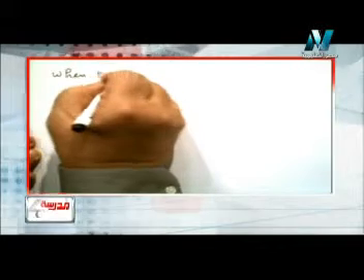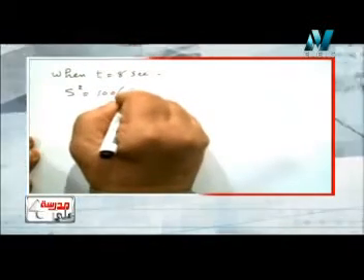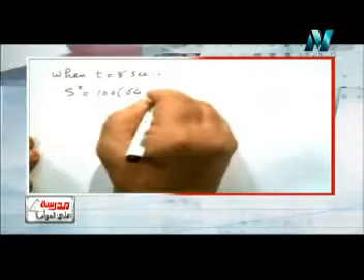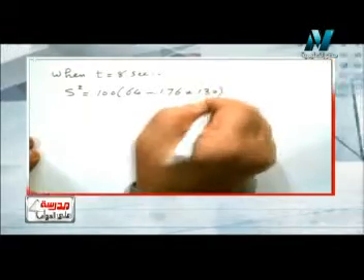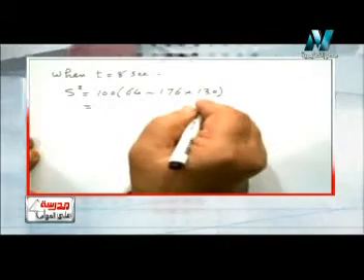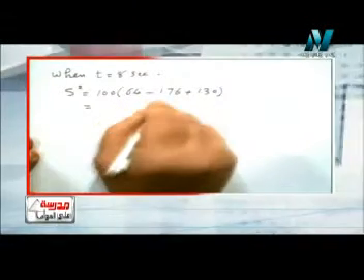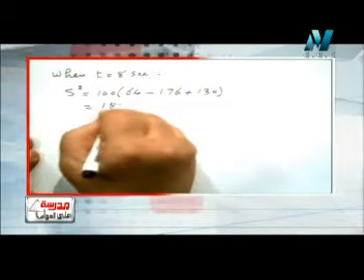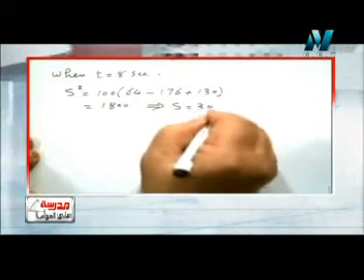We substitute t equals 8. s squared equals 100 multiplied by (8 squared, which is 64, minus 22 times 8, which is 176, plus 130). 130 plus 64 is 194, minus 176 is 18, so 100 times 18 is 1800. Therefore s equals 30 root 2 meters.